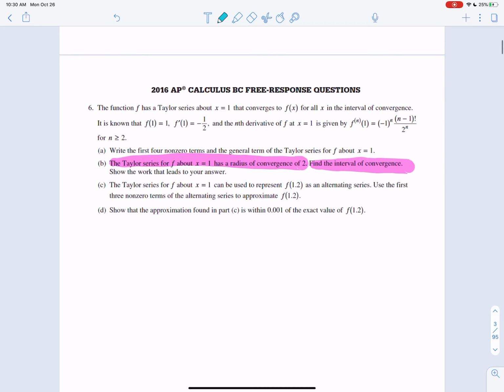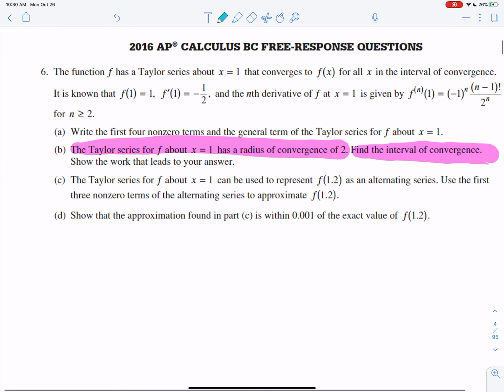So here we go. The Taylor series for f about x equals 1 has a radius of convergence of 2. Find the interval of convergence. So here, if you really understand how it works, okay, you could either do this the long way or the shorter way.